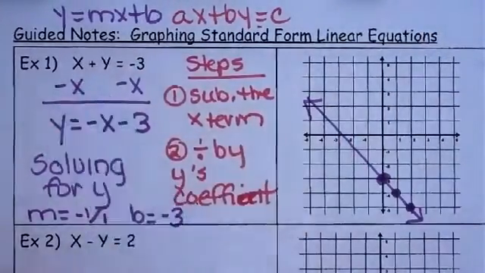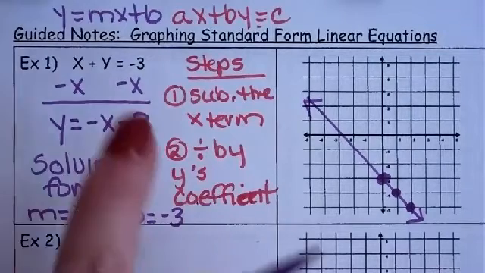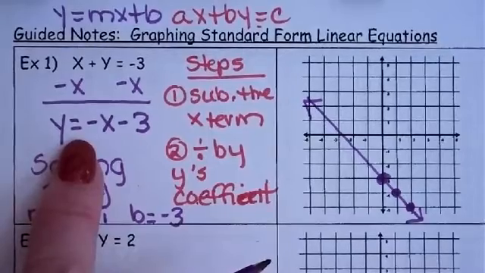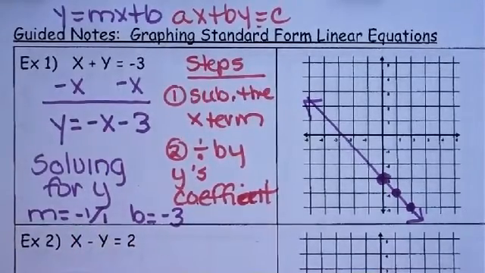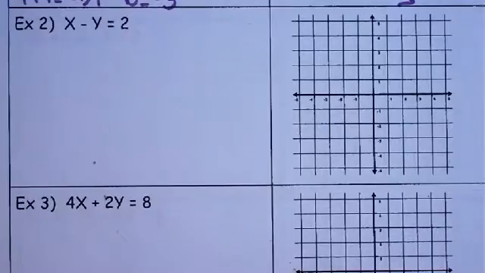I'm going to make it nice and big with the arrows on each end. Okay? And I'm done. So the only new thing for us today was taking this standard form, using what we learned with literal equations, and solving it for y. So then we could pick out this information and graph it just like we did in our last lesson.